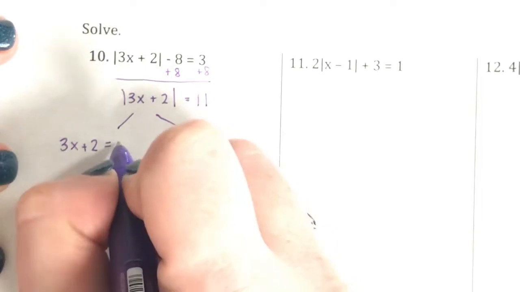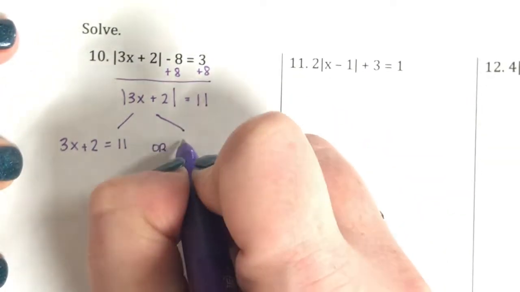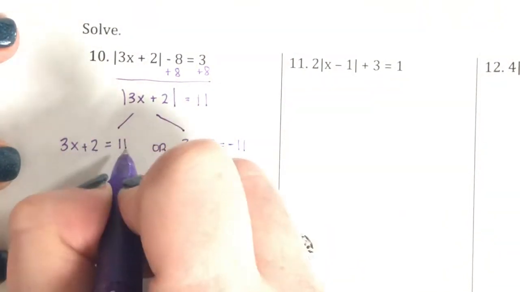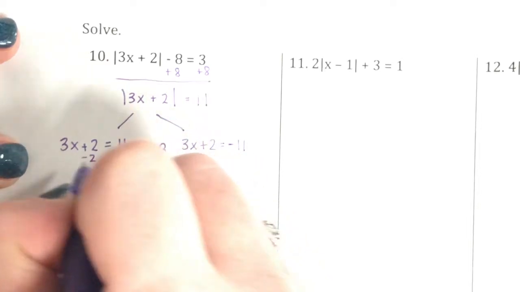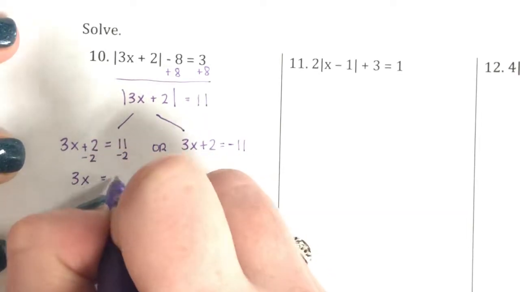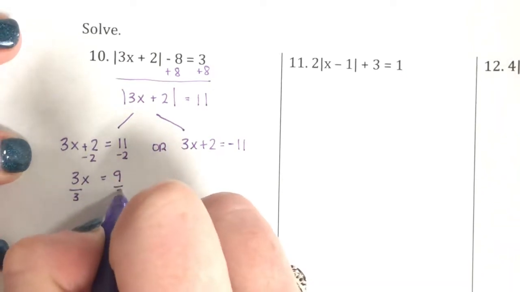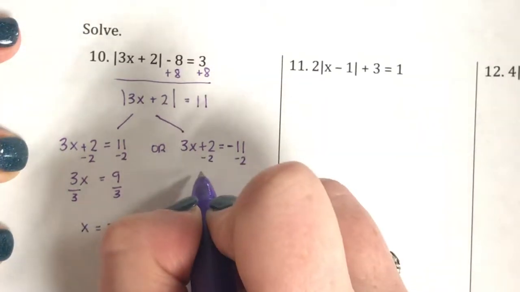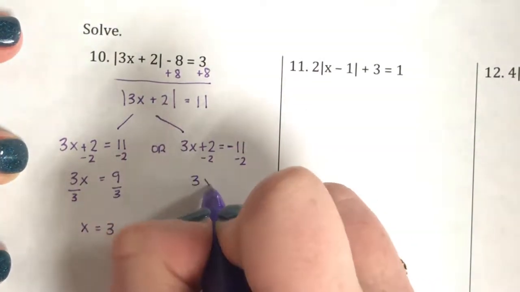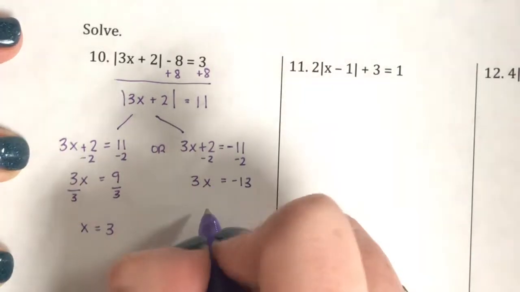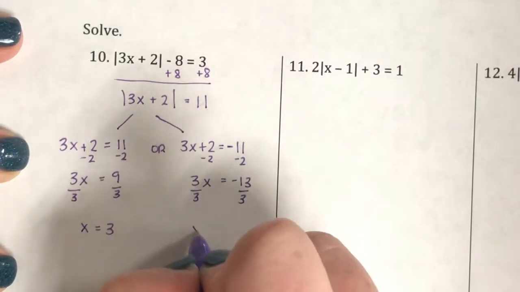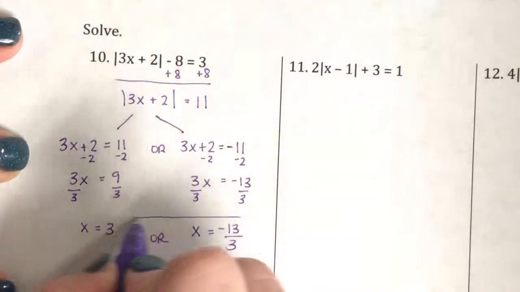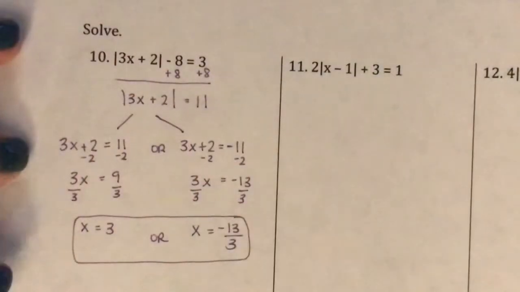I've got 3x plus 2 could equal positive 11, or 3x plus 2 could equal negative 11. Now I solve normal. And those are my 2 solutions.